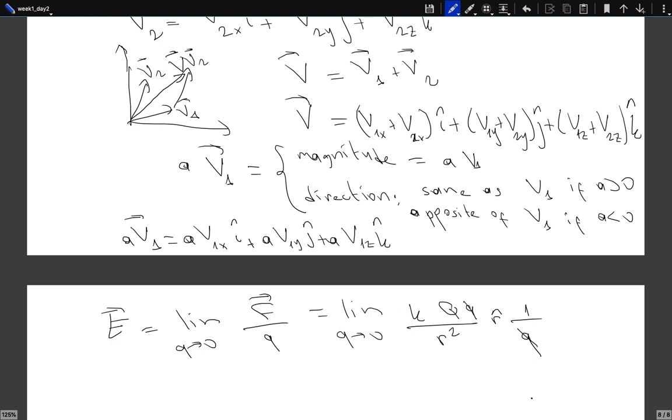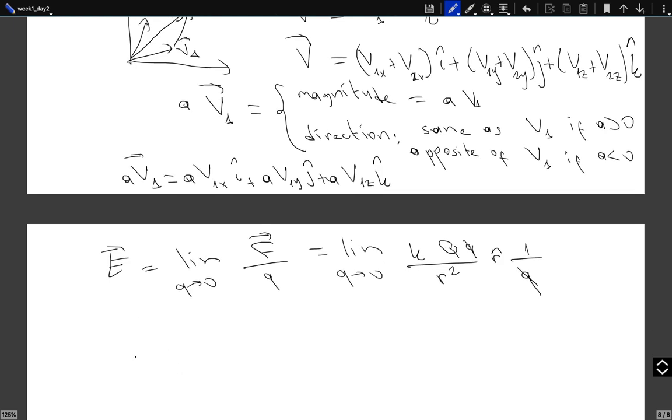So they cancel. Once I cancel the charge of the test charge, nothing depends on the test charge anymore. So the limit is just whatever remains: K times Q over r squared in the r direction.